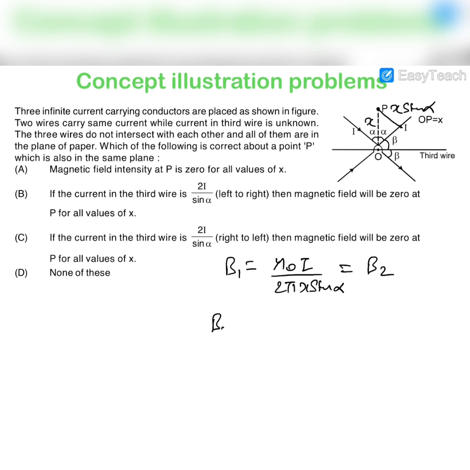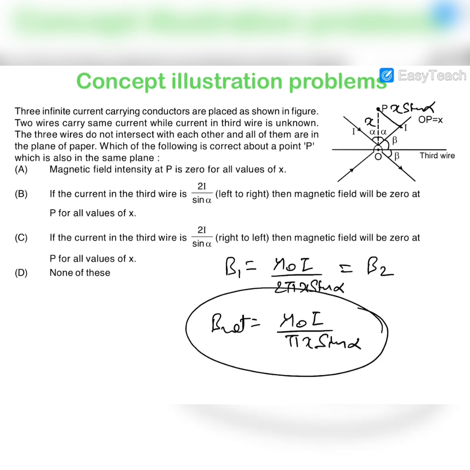So B net will be equal to mu naught I by pi x sine alpha. This will be the net magnetic field. And if we consider this third wire, you can see that this magnetic field is outside the plane. So to cancel this magnetic field, this third wire should have a current flowing from this side to this side, which means from right to left.